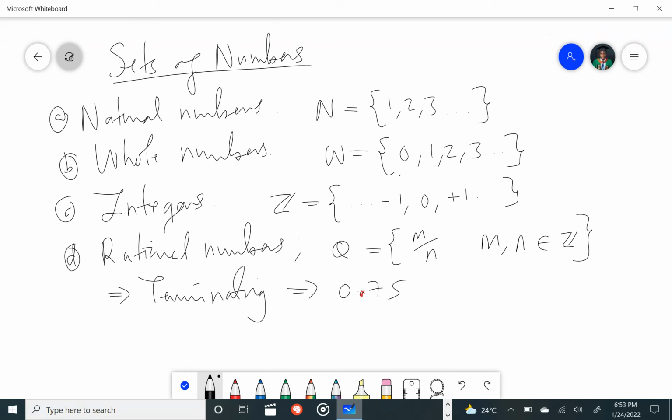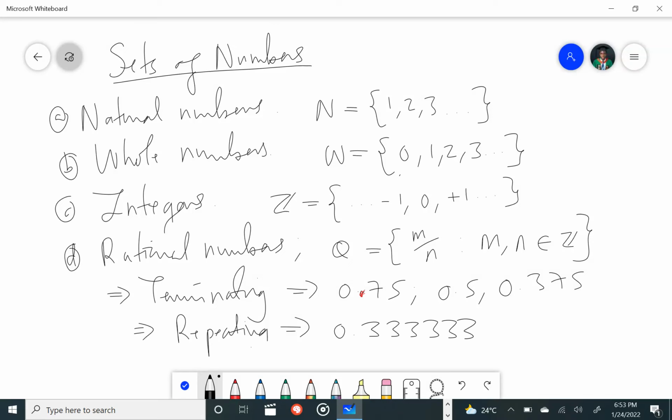Then we get what we call a repeating decimal. A terminating decimal is 0.5. Another example is 0.375, and it ends. But a repeating decimal is written such as 0.33333, perhaps you've seen such numbers on the calculator.